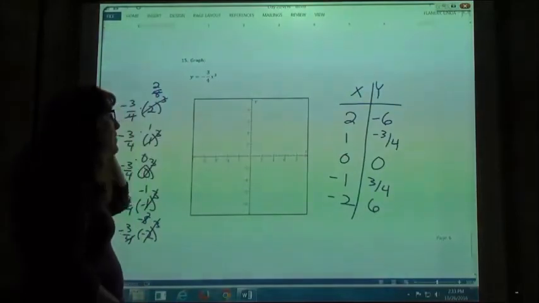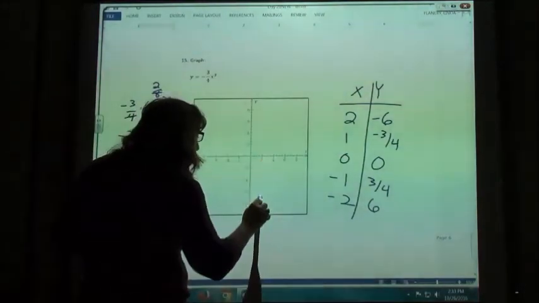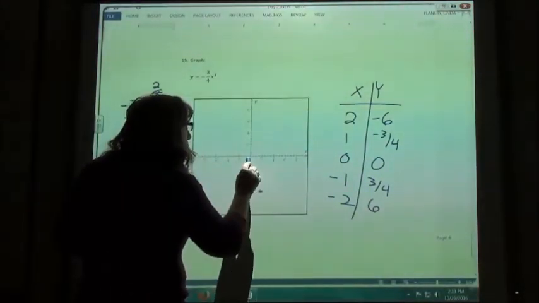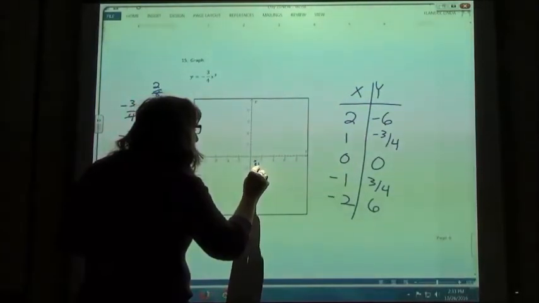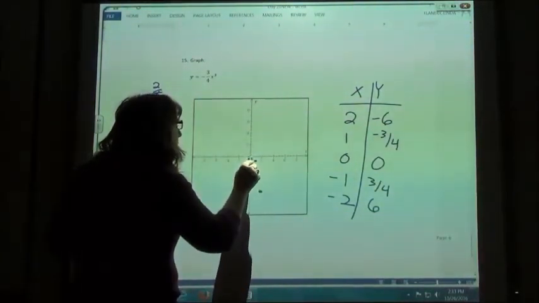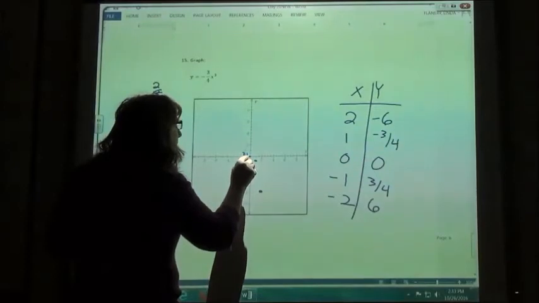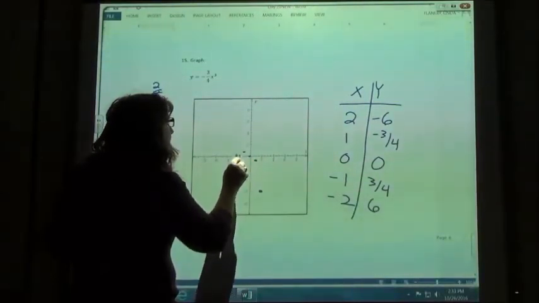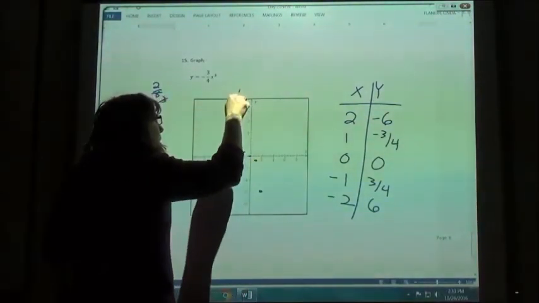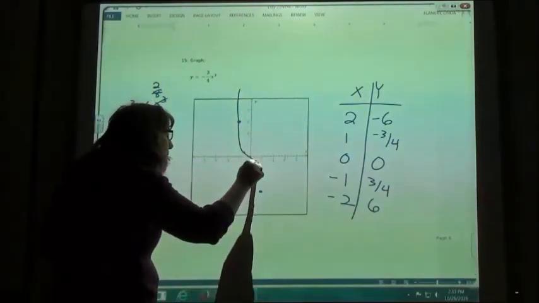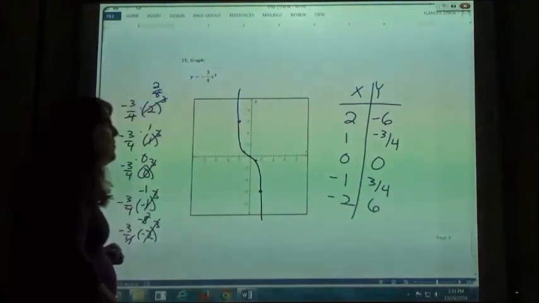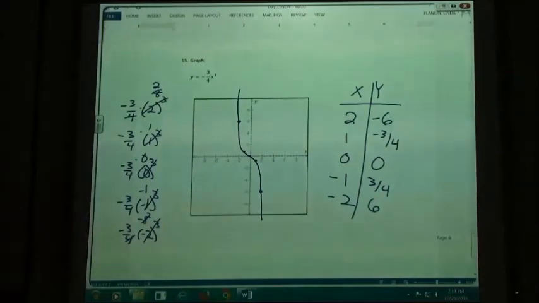The 0 is in the middle. So 2, negative 6. 1 is at negative 3/4. 0, 0. Negative 1 is at positive 3/4. And negative 2 is at positive 6. So I'm going to come from the top, have my little curve, shoot down to the bottom, and there's the graph of my cubic function.